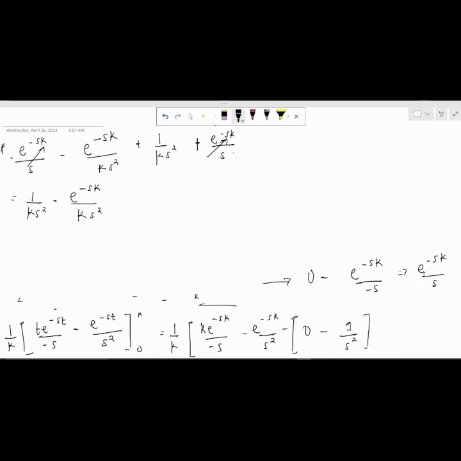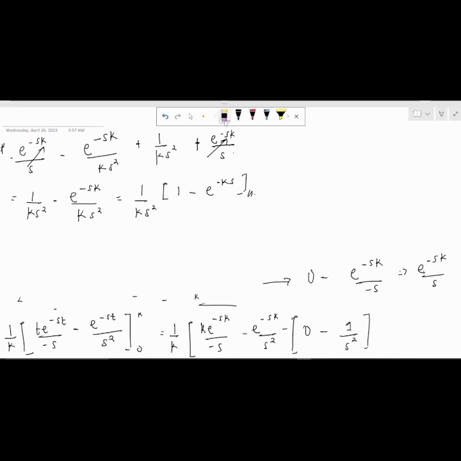We can now factorize 1 over k s squared. Then we have 1 minus e raised to power minus ks. Our final answer. So I hope you guys understood that.